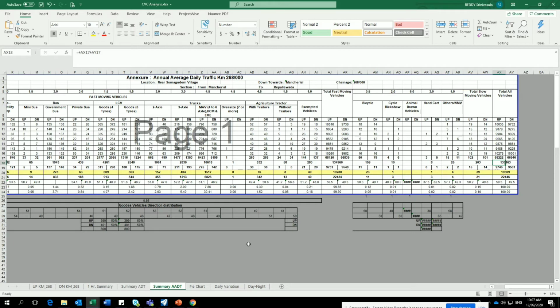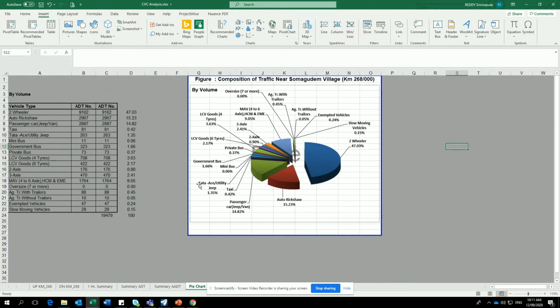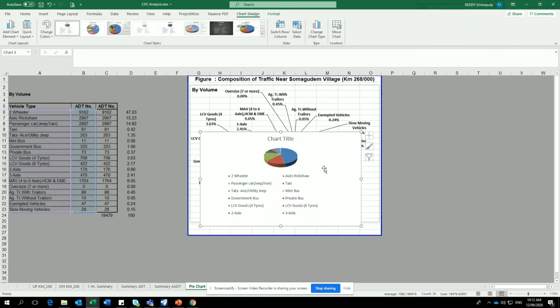Then we'll go to the pie chart. Now the pie chart part. See, just a link for the data. So now we'll go to the pie chart creation. Okay, let's start. Just select this and then go to Insert, 3D.